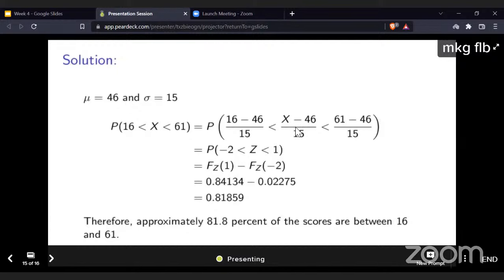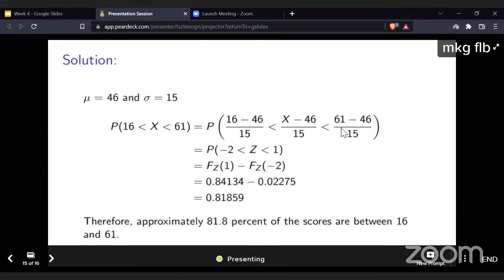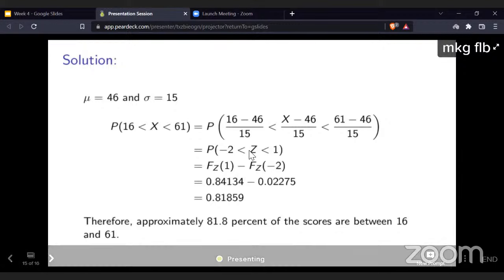Since we did this to x, we have to do the same on both sides. So we do 16 minus 46 divided by 15 and 61 minus 46 divided by 15. Once we do that, the probability that x lies between 16 and 61 is the same as the probability that the standard normal random variable Z lies between -2 and 1.